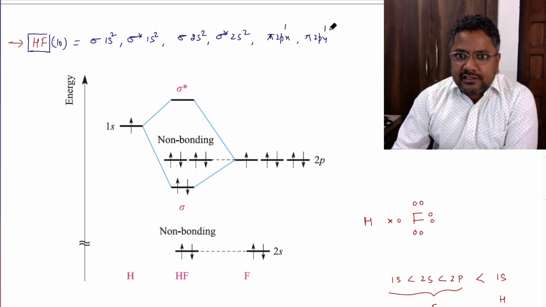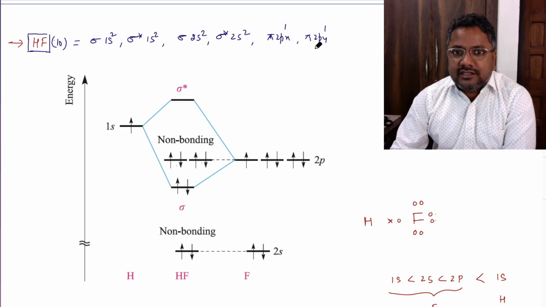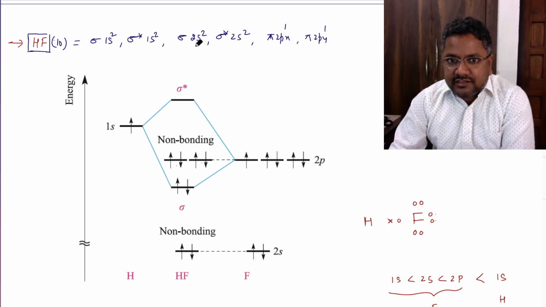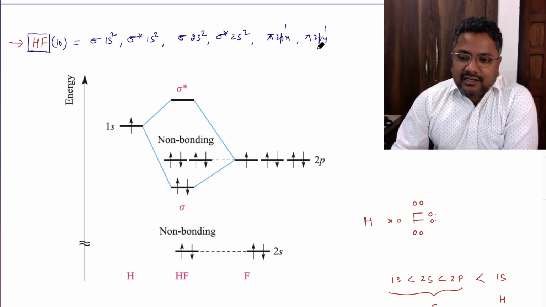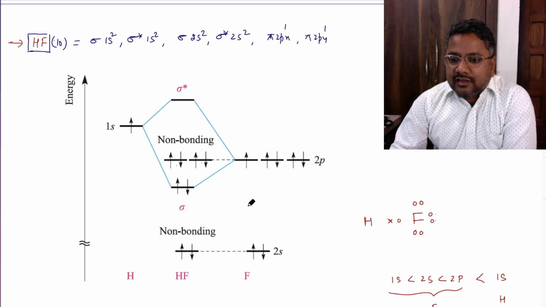So this treatment is not applicable where? Here, see, as per this treatment, if you use this energy level diagram or molecular energy, then it is paramagnetic, but actually it is diamagnetic.